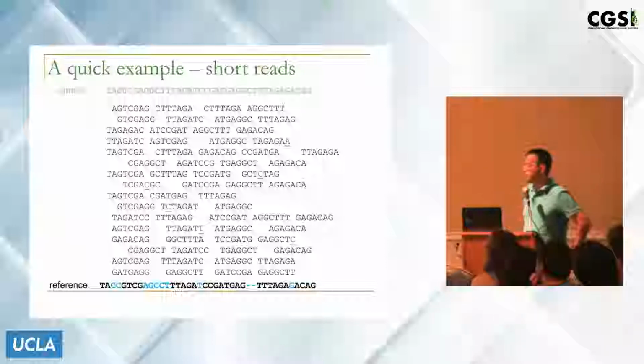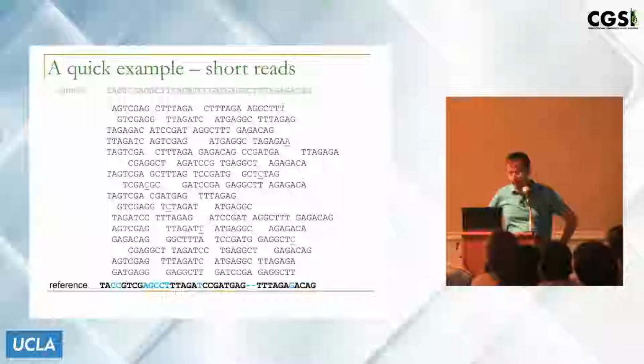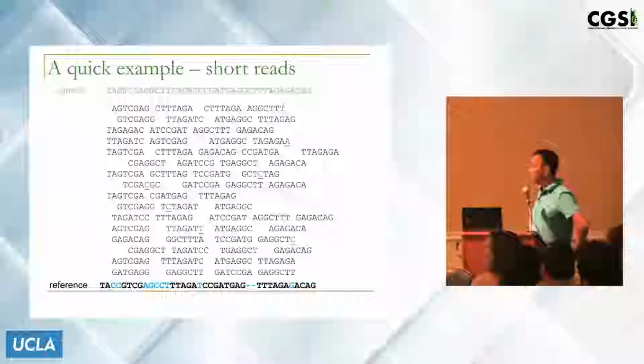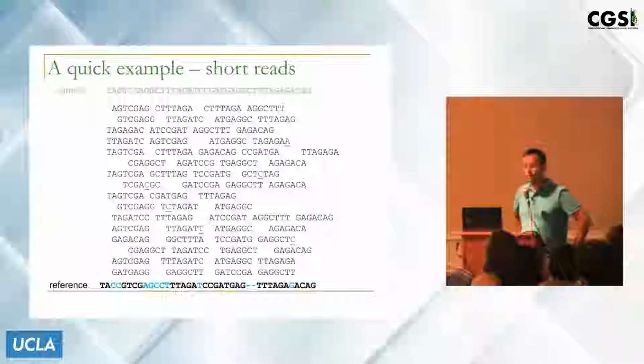This example is for single ends, but you're going to get the idea. And here we actually have two sources of errors in alignment. One, of course, is the sample's DNA, Feridun's DNA at the top, and when we compare it with the reference genome, there will be some differences. Those blue colored characters are the differences between the sample and the reference.